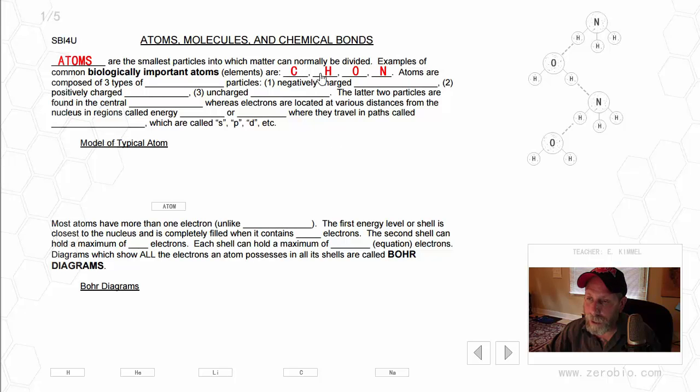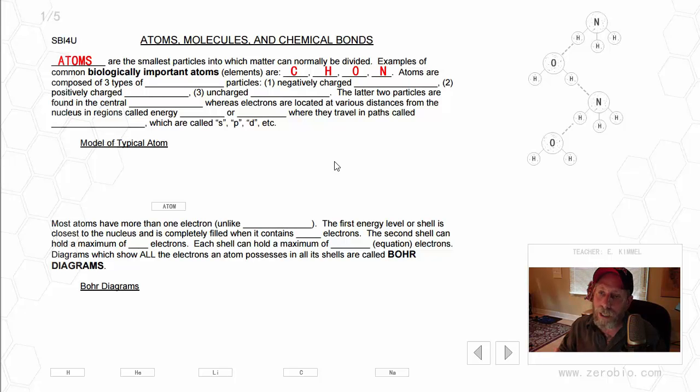I've only written their symbols. I'm hoping that you're familiar with many of the elements of the periodic table and already have a bunch of them memorized. If you don't, don't panic about it, but you've got your work cut out for you. So for now, memorize these ones. Carbon, hydrogen, oxygen, and nitrogen are the major atoms in most biologically important molecules.